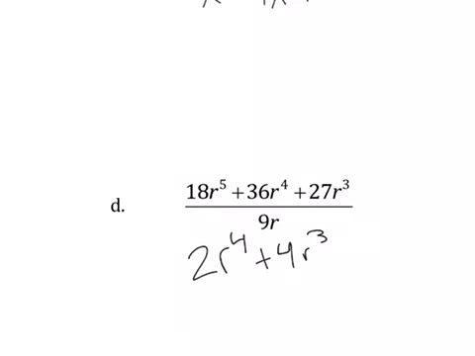Divide that by 9r. 27 divided by 9 is a positive 3. R to the 3rd divided by r is going to result in r squared, because we have exponents of 3 and 1, subtract to get r squared. So final expression of 2r to the 4th plus 4r to the 3rd plus 3r squared. Okay?